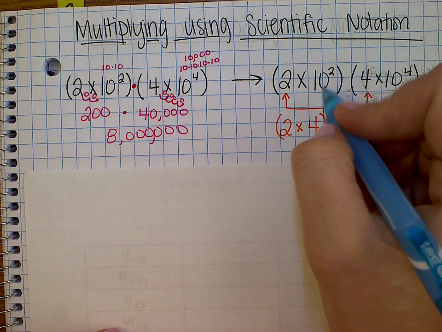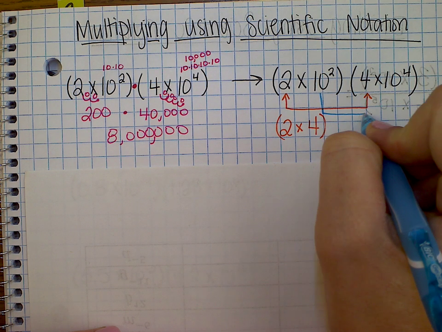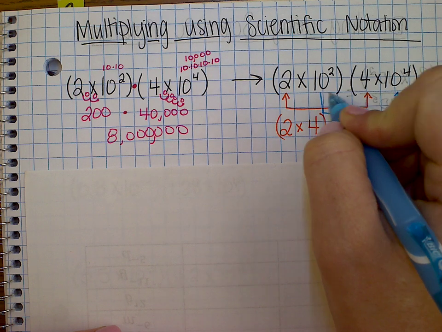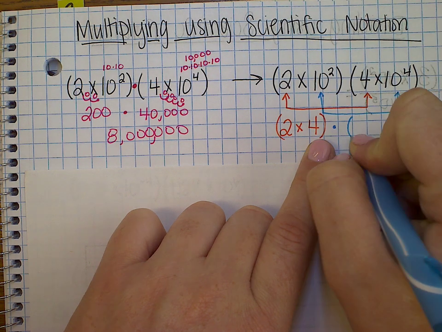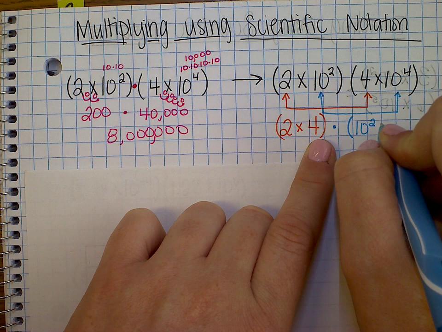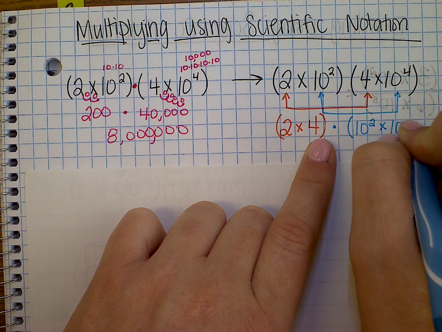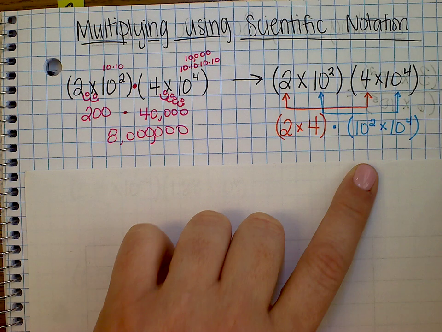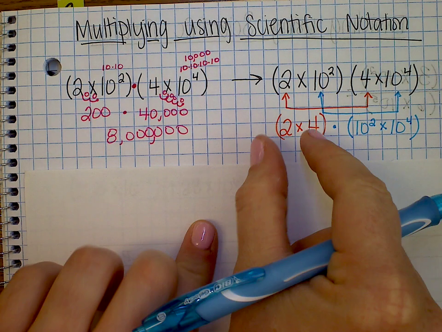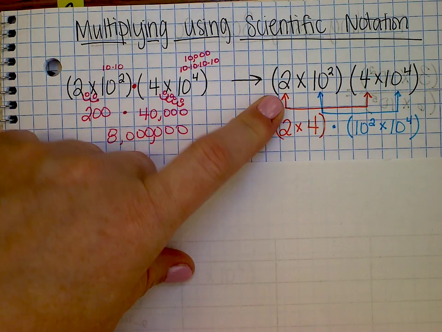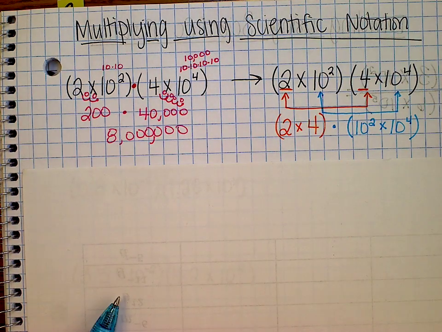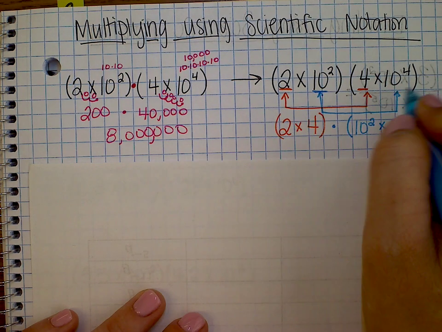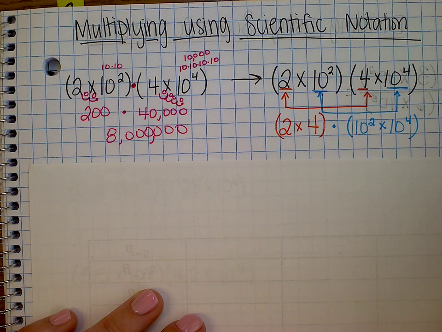And then I can take the 10 squared and the 10 to the 4th, and combine those. So I can multiply the two numbers, and then I can combine or multiply these pieces of information.